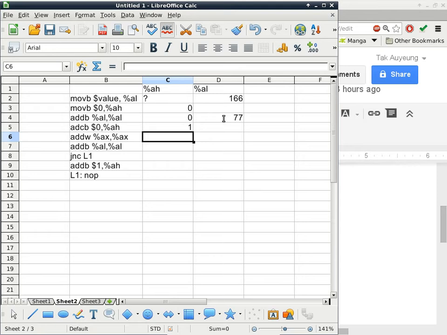Now we have add W AX to AX, which is basically doubling the value of AX. But what is AX? AX is really AL and AH. So that means you need to look at this part doubling, and this part doubling is 154.